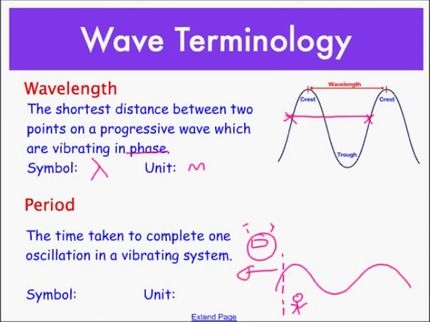The wave could be traveling this direction, so you'll start the timer maybe when it reaches the crest, and then when the next crest passes, you stop the stopwatch, and that's your period. So what's the symbol? Capital T, unit symbol small s.